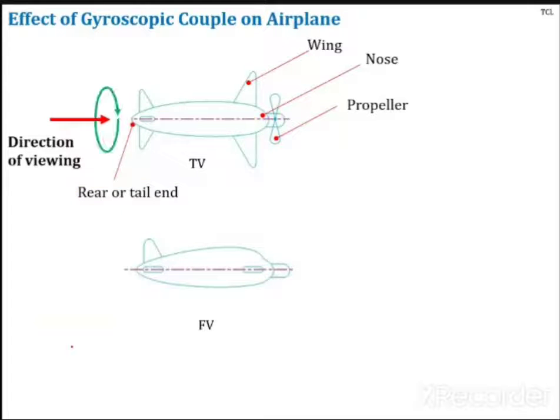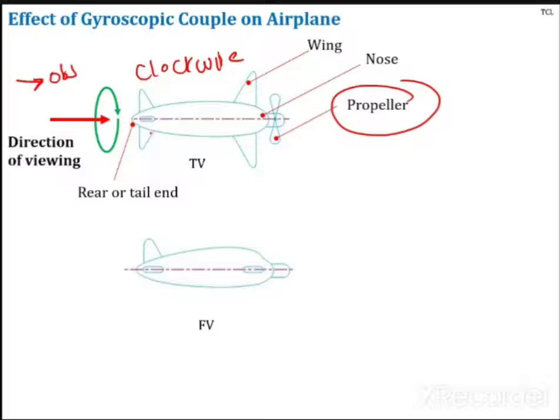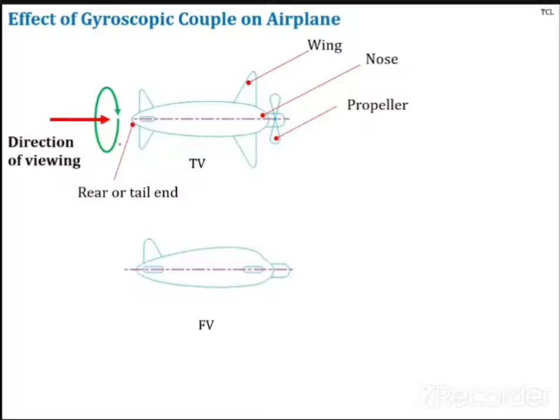Okay. So now imagine that the observer is here, and the propeller. This propeller is rotating in which direction? The propeller is rotating in a clockwise direction. Have you understood what I have taken? I have taken an aeroplane and I am looking. See, this front end is called the nose.